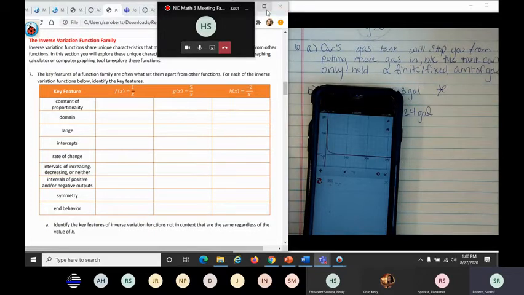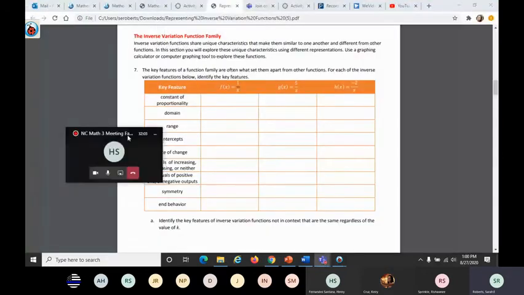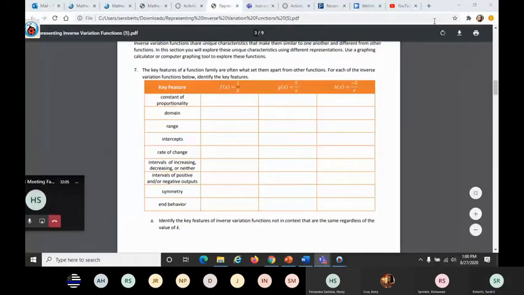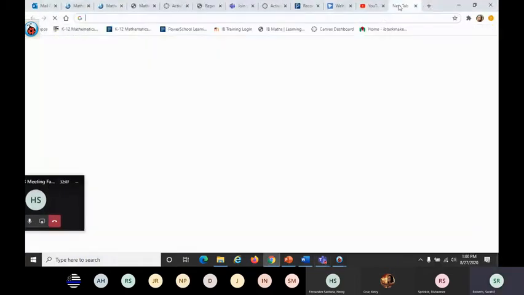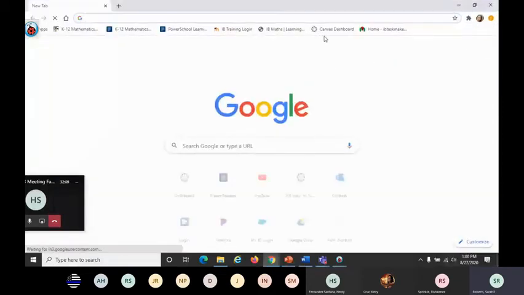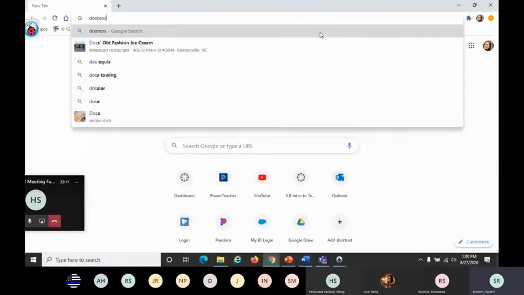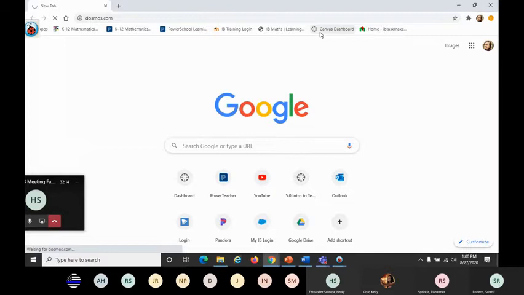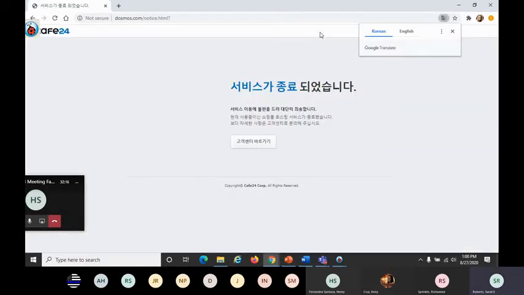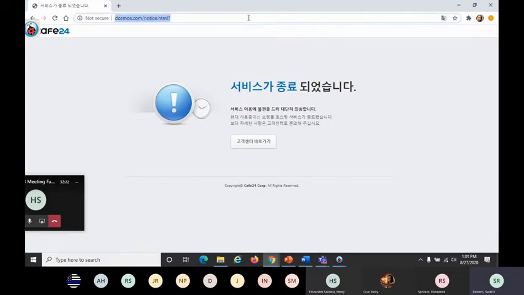I guess I'll go ahead and do that. That might be better than showing it on my phone. So you can get Desmos on your phone or your computer. Also, if you need a TI-83 calculator, why is it doing this?